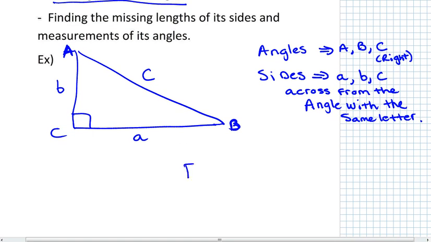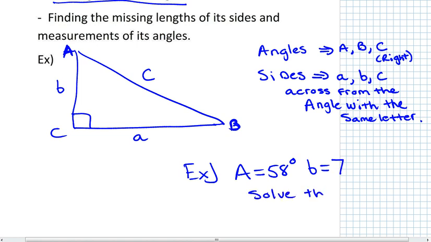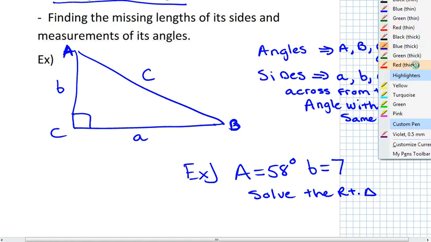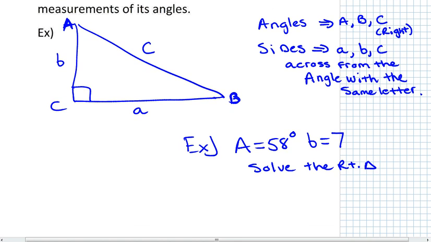So for example, if I say angle A is 58 degrees and side b is 7, and I want to solve the right triangle. Well, to solve it, first of all, let me fill in what I know.